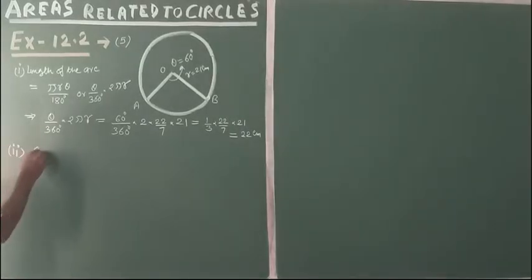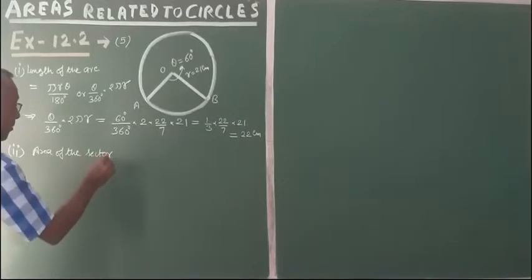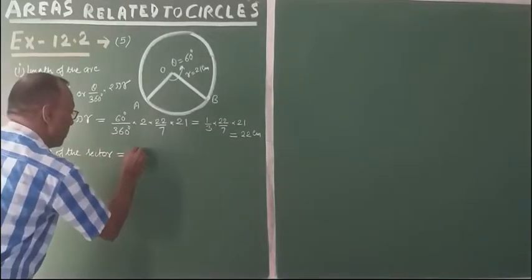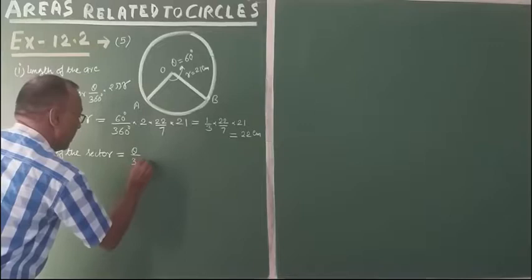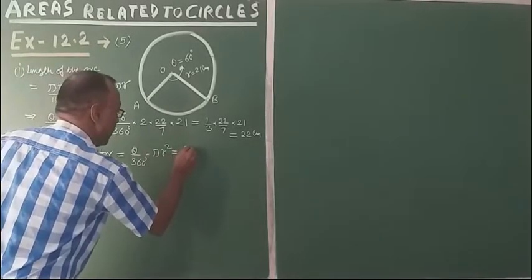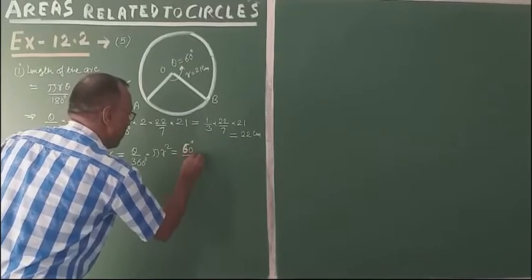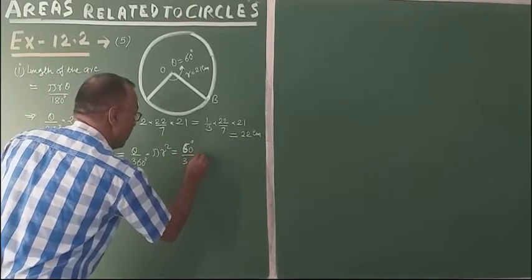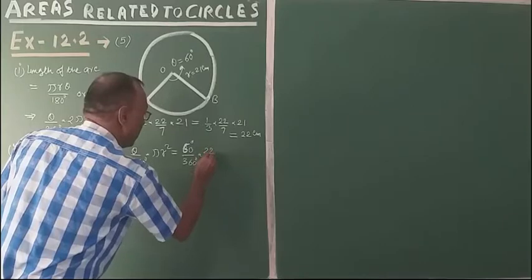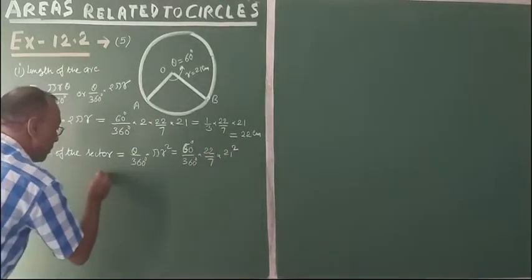Second part is the area of the sector formed by the arc. The formula is theta upon 360 degree into pi r square. Theta is given as 60 degree, so 60 degree upon 360 into pi, 22 upon 7, and r is 21 square. Now solve it.